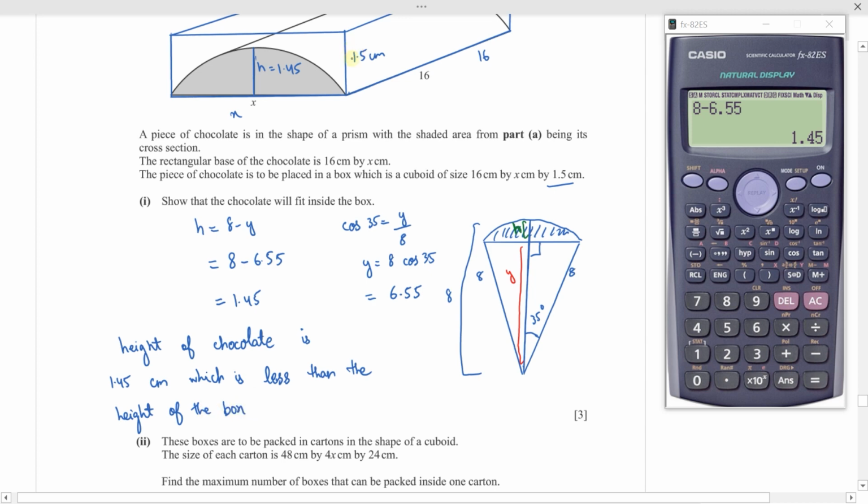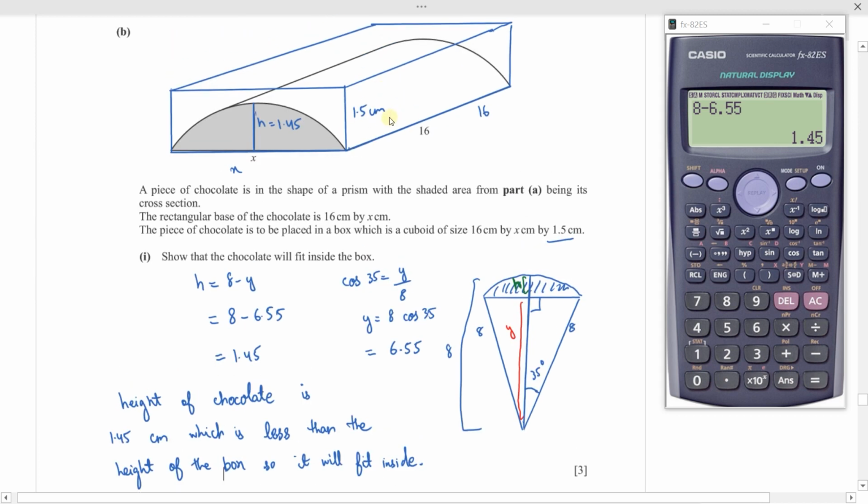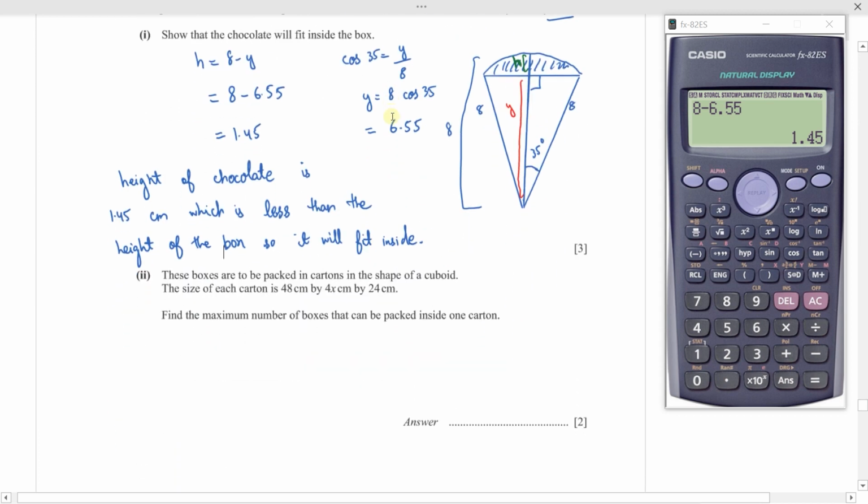The height of the box was 1.5. So it will fit inside. So that's how you will show that this piece of chocolate can fit in this cuboid box.